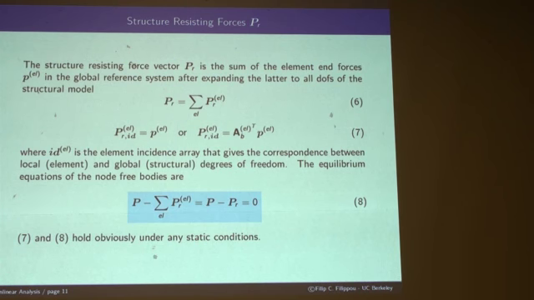The Boolean matrix multiplies the vector P, so it has as many columns as the rows of P, but it has as many rows as the number of global degrees of freedom. And with this little trick, I am able to sum up all the resisting forces to create the static equilibrium equations of the structure, which, as you will see in a moment, I will write as the sum of all these A_B_L transposes times P, right? So this is important for what's coming.